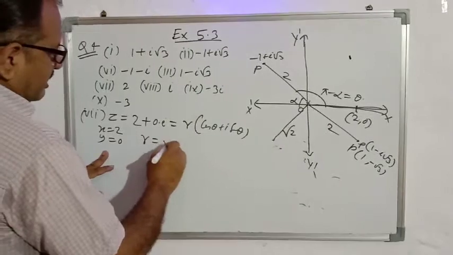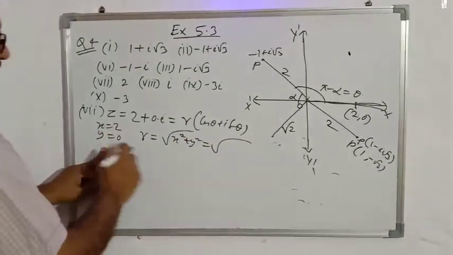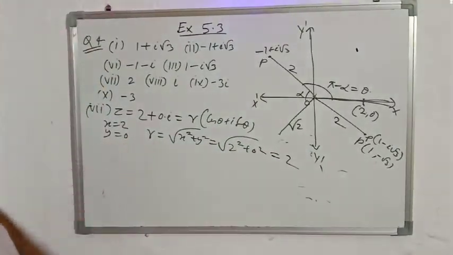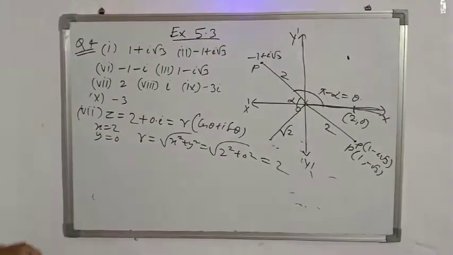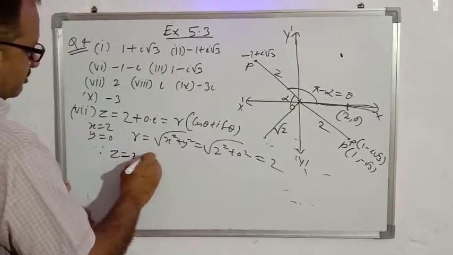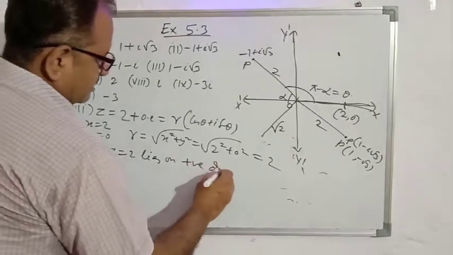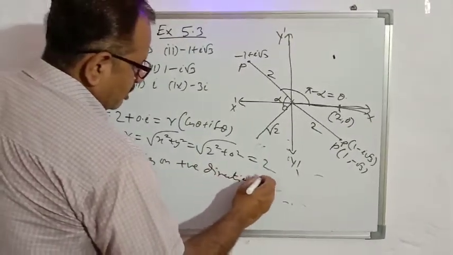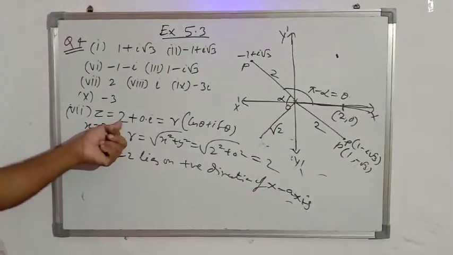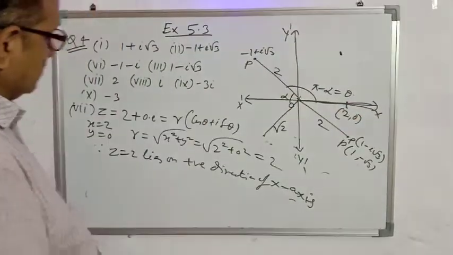How will we find r? Square root of x square plus y square. X is 2, y is 0: 2 square plus 0 square. After the square root we will take the value 2. Since z is equal to 2 lies on the positive direction of the x axis, z is purely real and positive.